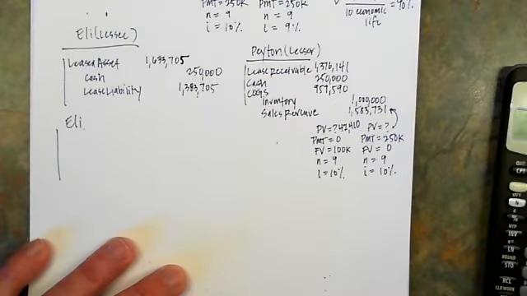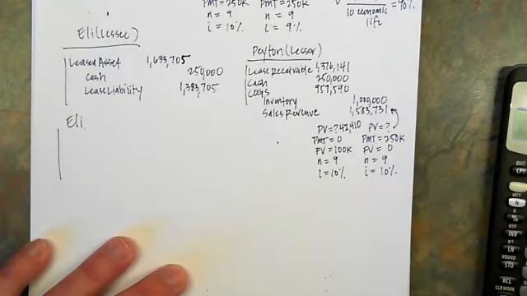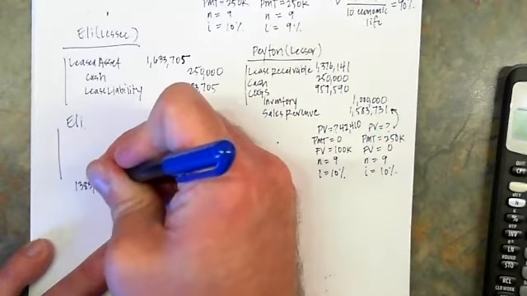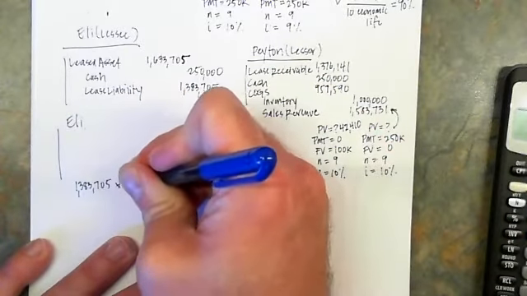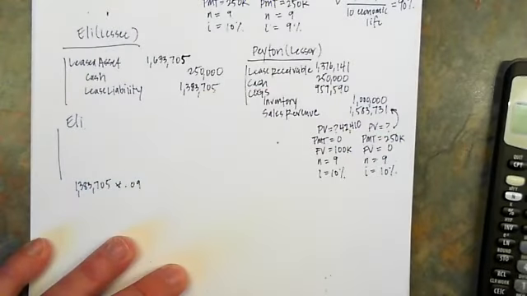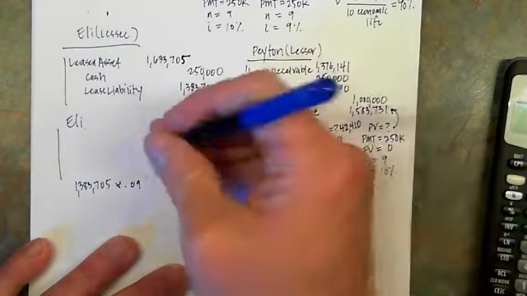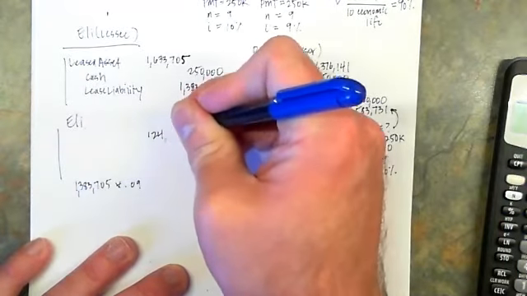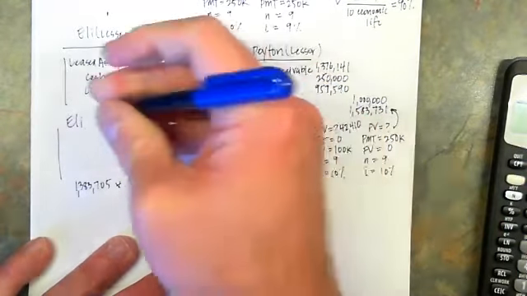1383705. That amount multiplied by the 9% gives me the amount of interest expense that I would record, $124,533.